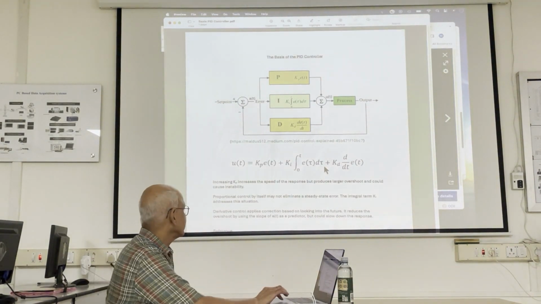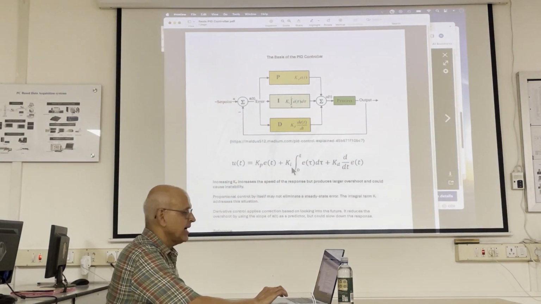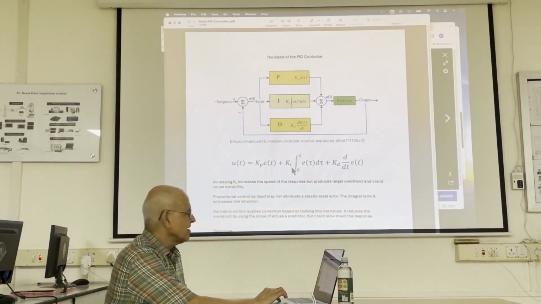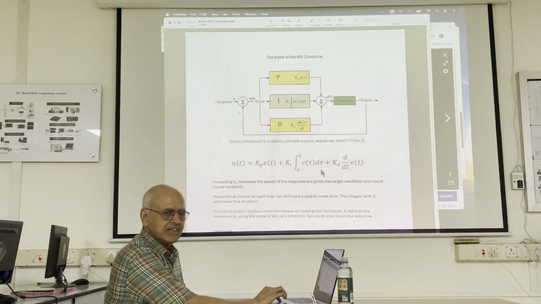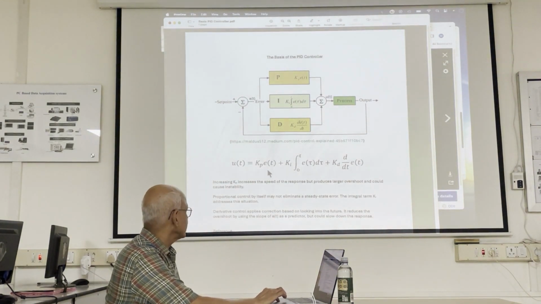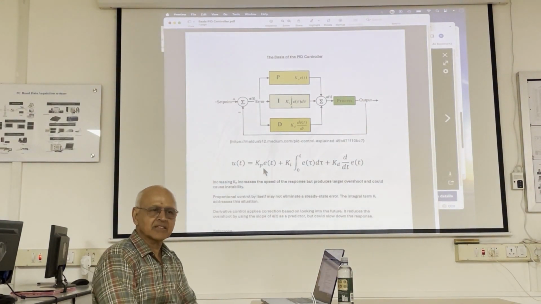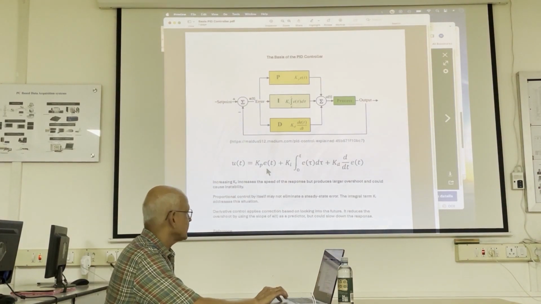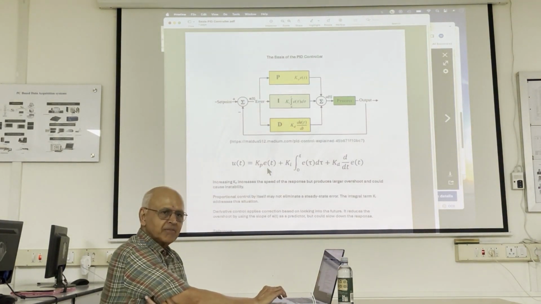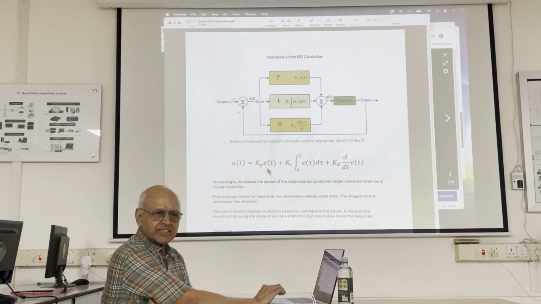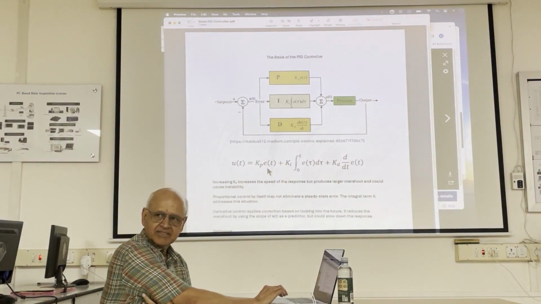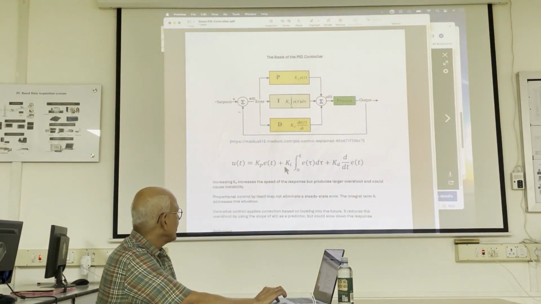So this term eliminates steady state error. You don't have to have this or this, you can just go with this. In fact, in your exercise, it works just with Kp E of t, because we don't want to make this too sophisticated, we just have a week to look at it. So therefore, you don't need this.